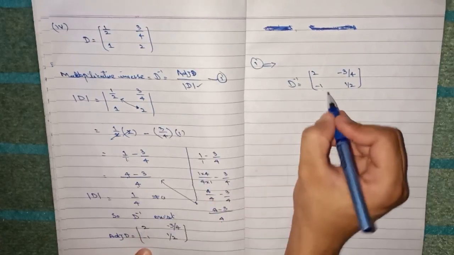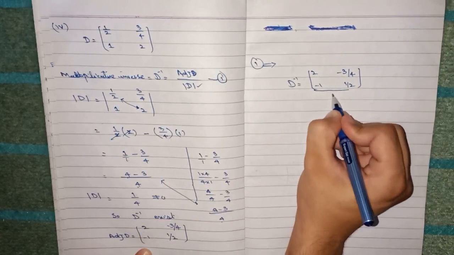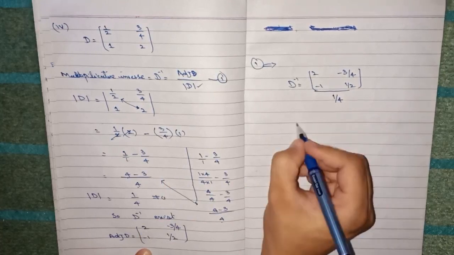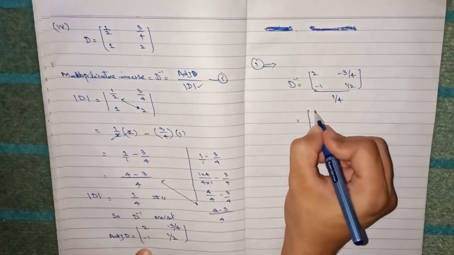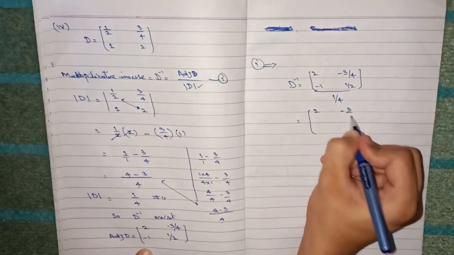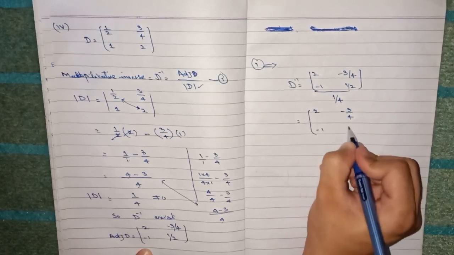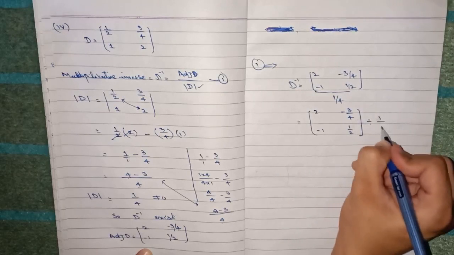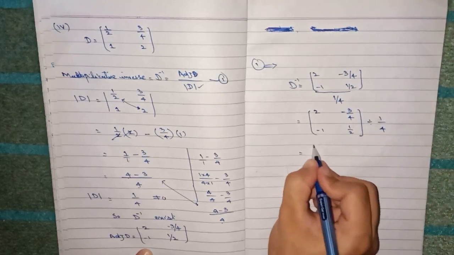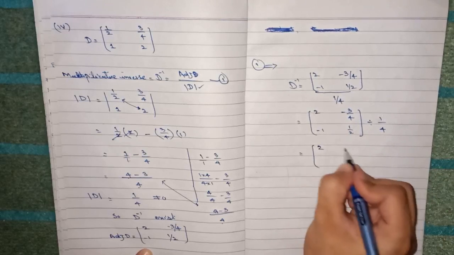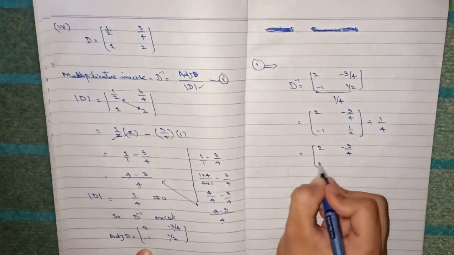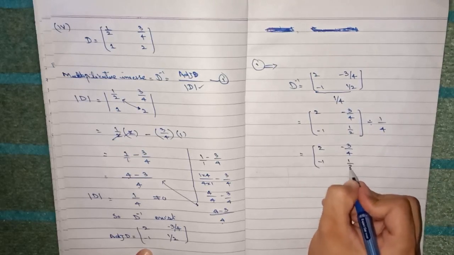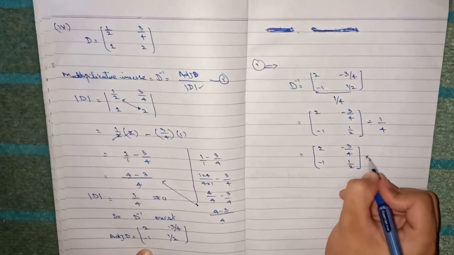It is 1 by 4. Now again, the adjoint matrix divided by 1 over 4, and when this division sign changes into multiplication, it will become multiplied by 4.